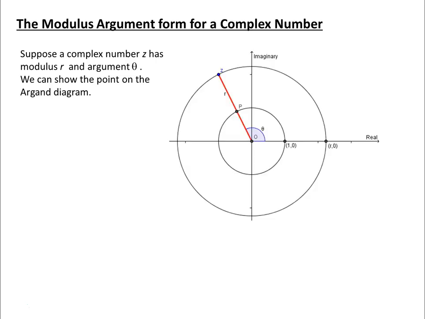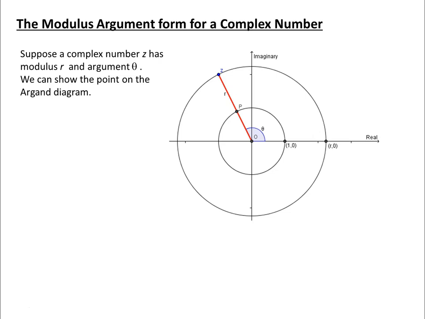So, let's suppose that we've got a complex number z which has got a modulus of r and an argument of theta. Then that means that the point z lies on a circle of radius r and centre the origin, and it also means that the angle at the origin made by the positive real direction and the line going from O to z is equal to theta.